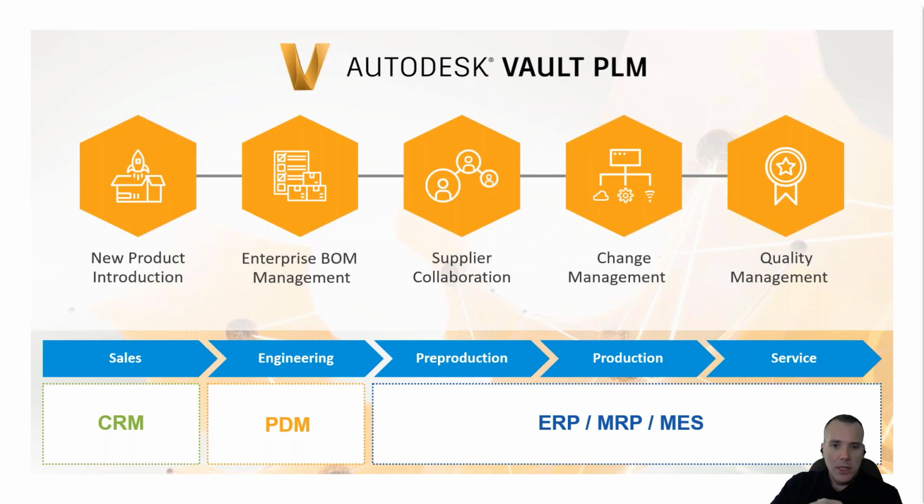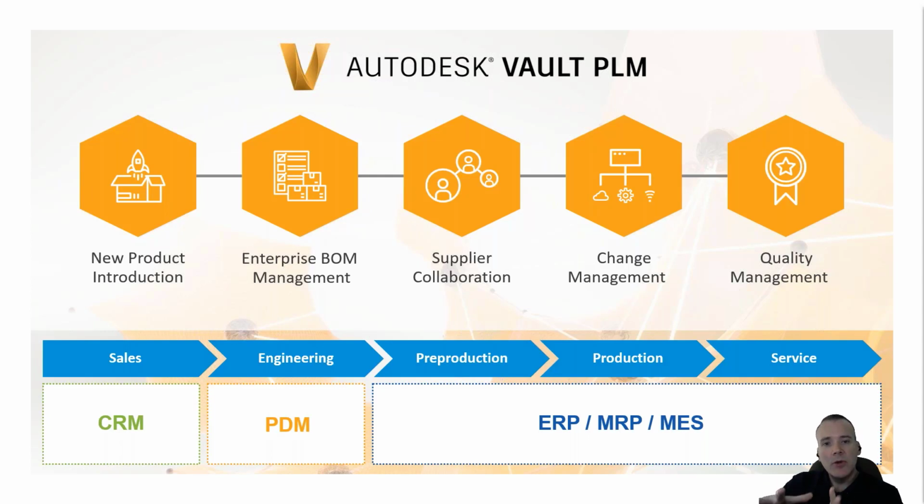Now, keep in mind that these things we're talking about and that we'll be talking about over the next few weeks, this is how Fusion Lifecycle is delivered to you with these core functionalities. But it is incredibly configurable and extendable.